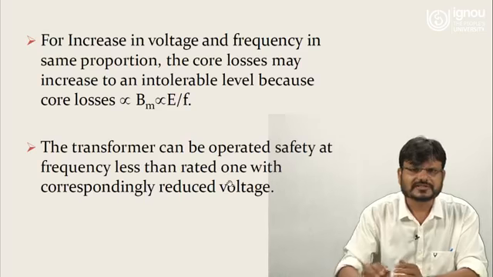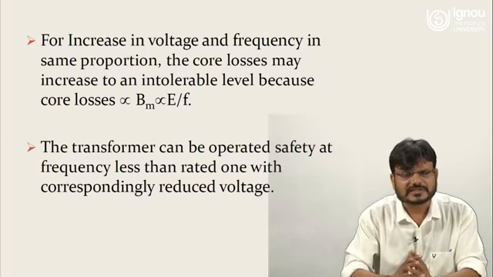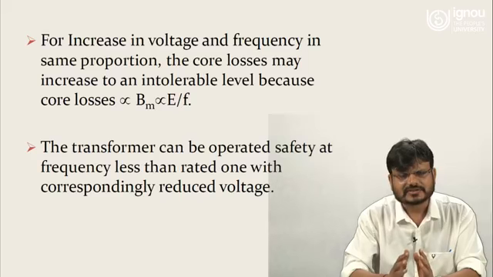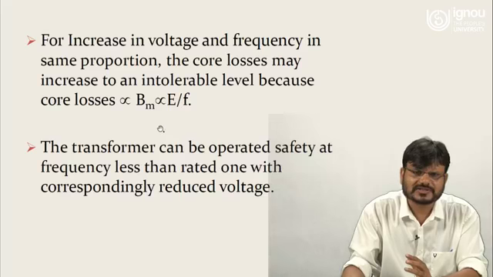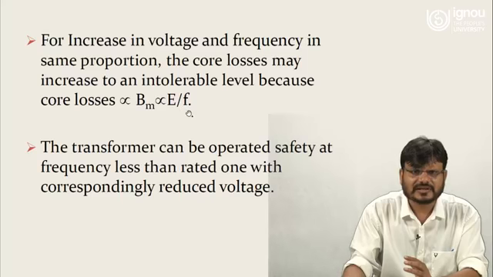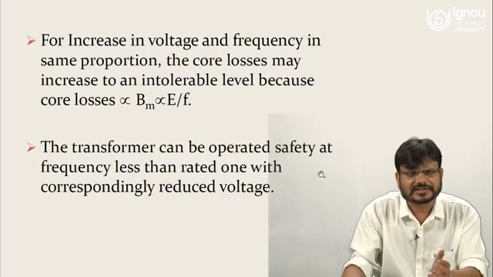For an increase in voltage and frequency in the same proportion, the core loss may increase to an intolerable level, because core loss is directly proportional to the flux density, and the flux density is directly proportional to E upon f. Now, the transformer can be operated safely at a frequency less than the rated one with a correspondingly reduced voltage.